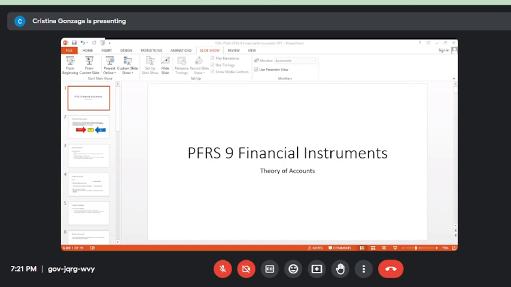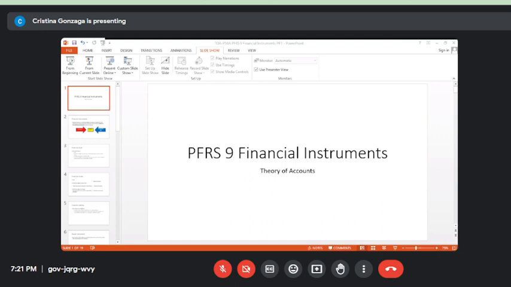Kasi nung PAS 39, the reason why ni-revise ang PAS 39, the old standard for financial instruments, mahirap intindihin. Even CPAs na veterano ng CPAs, nahihirapan pa mag-apply nitong PAS number 39. I mean, it's a little confusing. Okay.